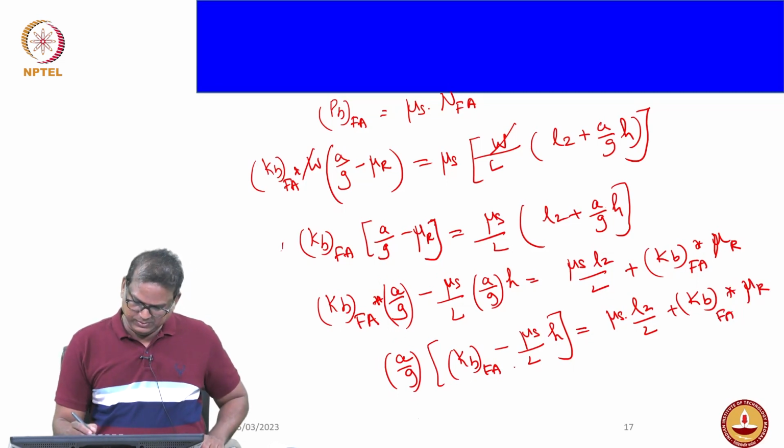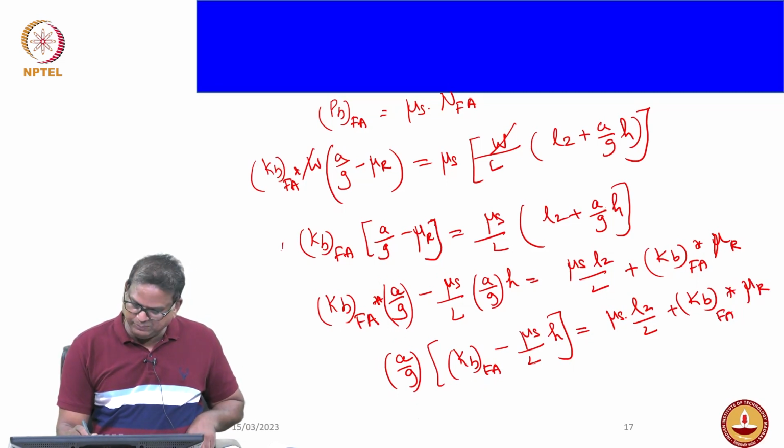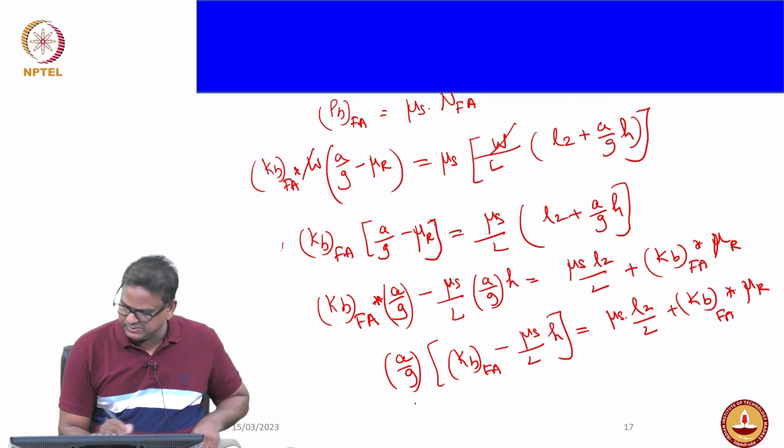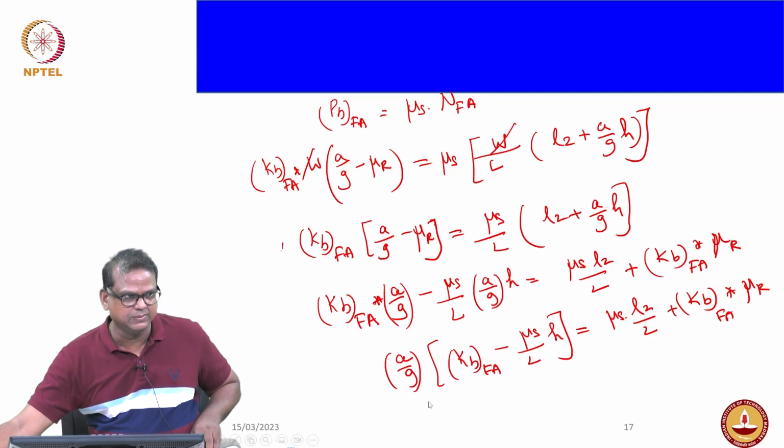So what I am going to do, one more term, I will multiply by L so that I can cancel out the L also. Shall I move to the next slide? Right.